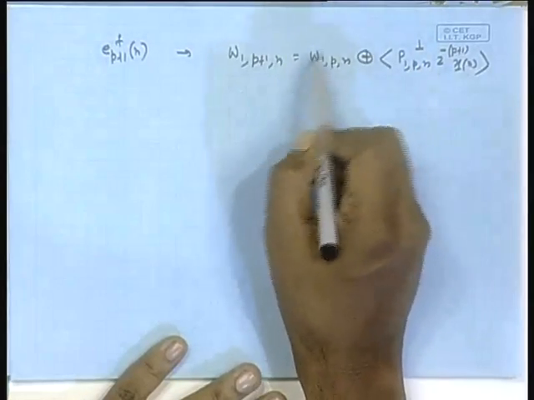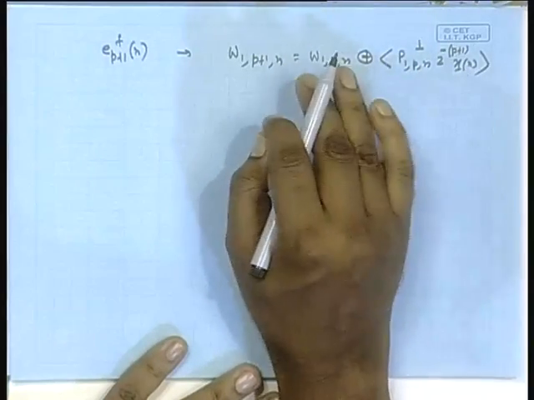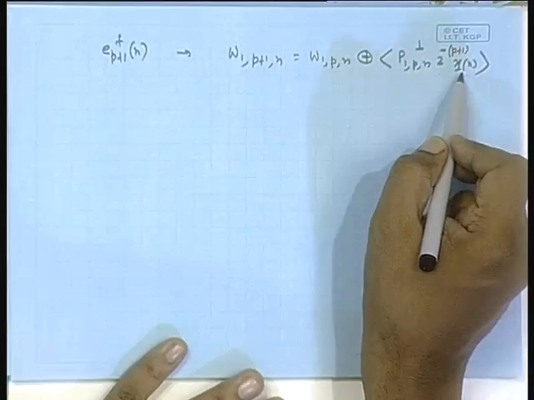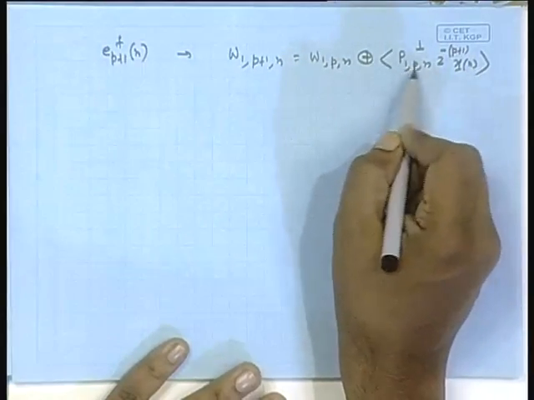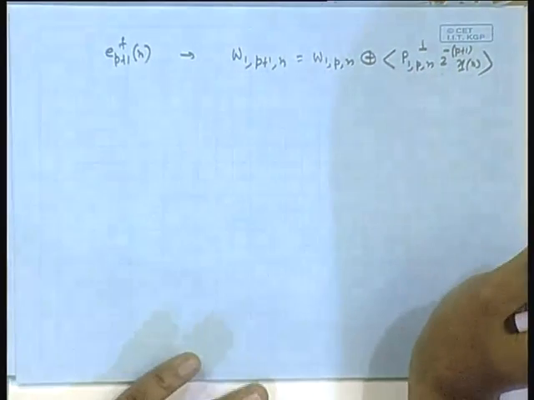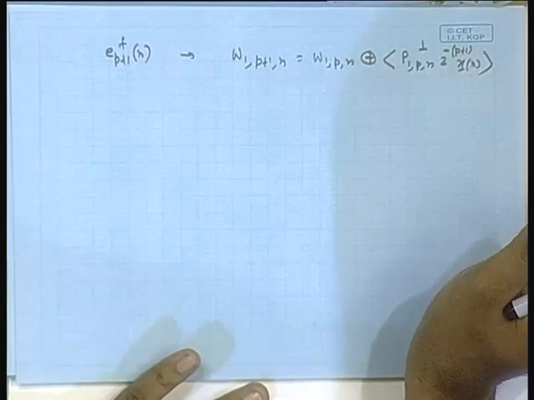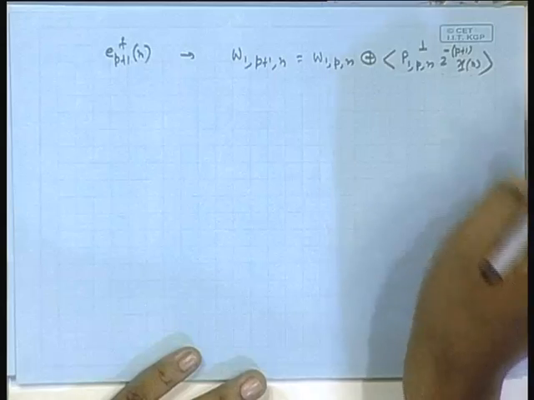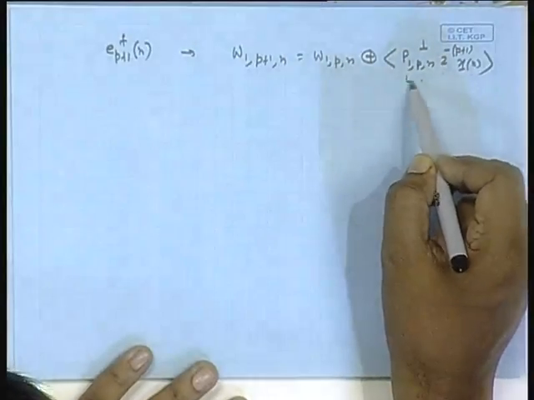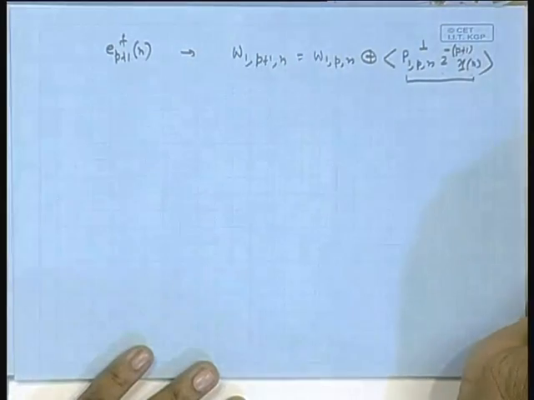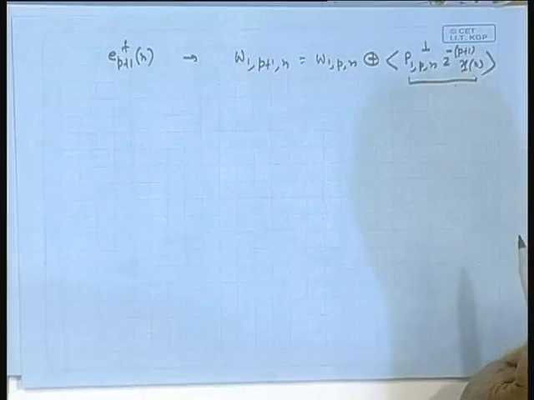This past on this space, isn't it? That was there was an extra guy. This I am projecting orthogonally on this, taking the error. So, I am taking the orthogonal projection error operator here for this space. Let us consider this fellow in detail now.